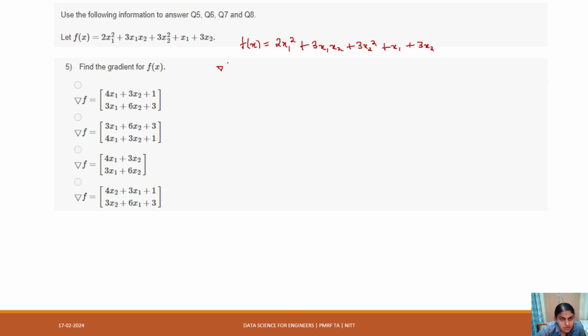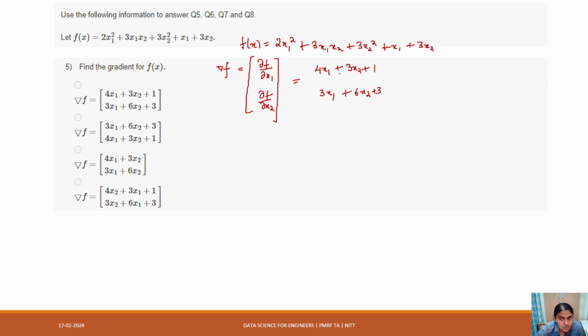So the gradient of f of x means you have to find dou f by dou x1 and dou f by dou x2, in a matrix. Directly you can tell the answer, right? Dou f by dou x1 will give you 4x1 plus 3x2 plus 1, and this one will be 3x1 plus 6x2 plus 3.